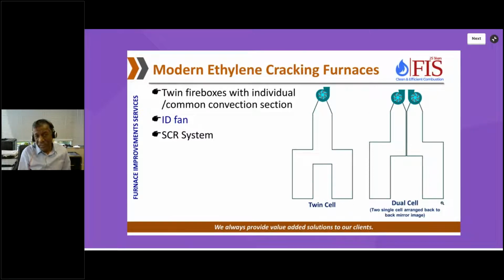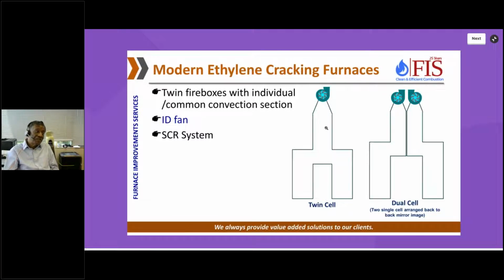And the reason they are put together is it offers the designers a lot of structural stability. They are able to put a common structure and then it becomes a lot more stable. The furnaces are attached, so they are built in pairs, maybe 2, 4, 6, 8. That's typically how you build the furnace.